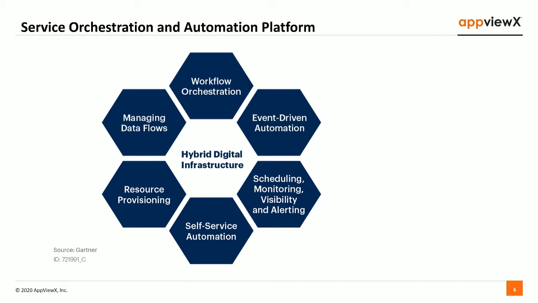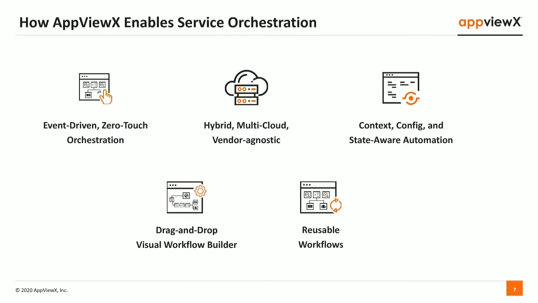They can self-serve and do it on their own. Same thing with resource provisioning as well, right? The other one is the data flows, right? How do you manage the data? I mean, one is the control side of it, and there is a data side of this. How do you manage it? All of this encompasses the service orchestration and automation platform, right?